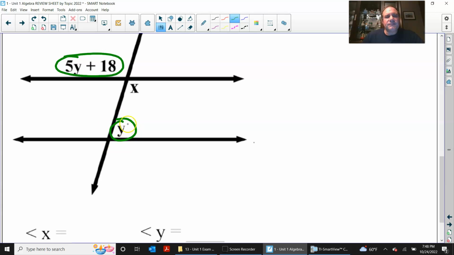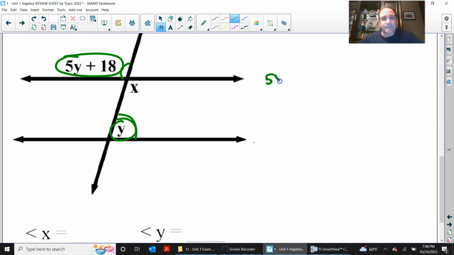I'm circling the Y because I have a Y in 5Y plus 18, so I can make an equation with one type of variable. Are these equal to each other, or do they equal 180 when added together? They are supplementary. This is an obtuse angle and this is an acute angle. They are not equal, so you can't set them equal to each other.